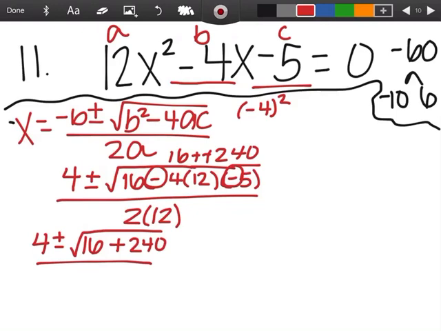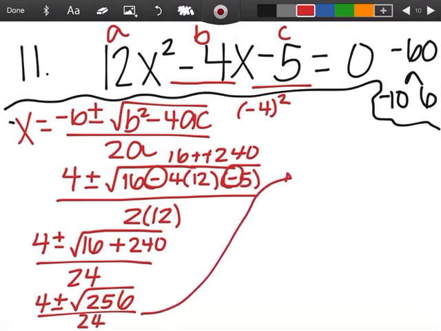So underneath the square root is 16 plus 240 divided by 2 times 12, which is 24. So I've got 4 plus or minus the square root of 256 divided by 24. So I have my calculator nearby. The square root of 256 is 16.